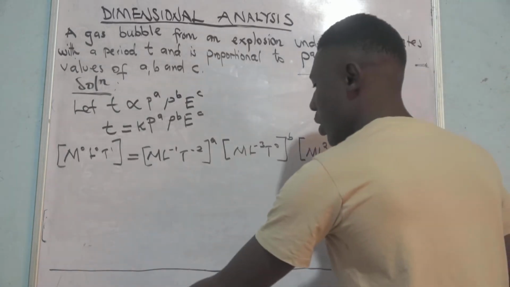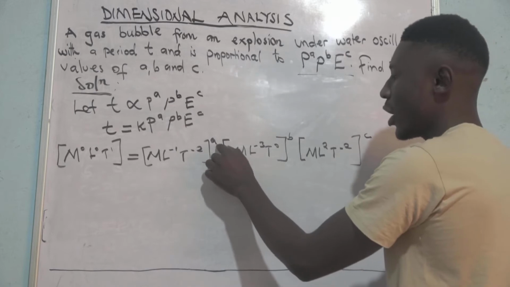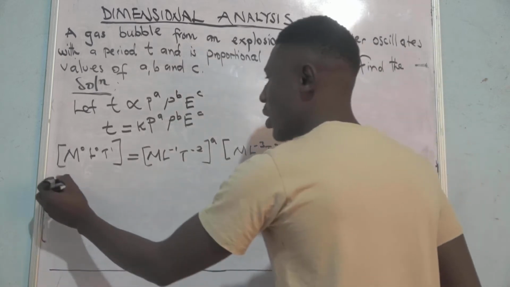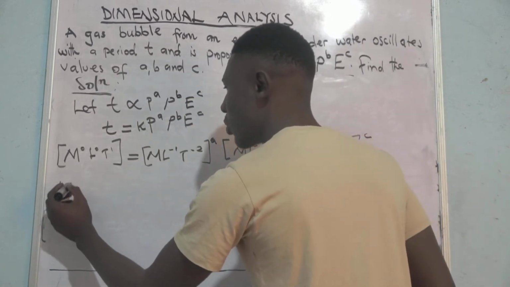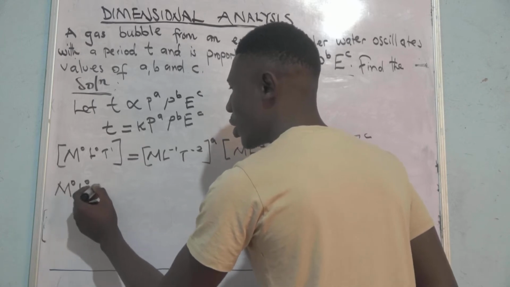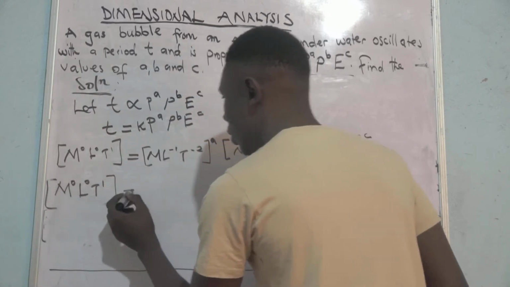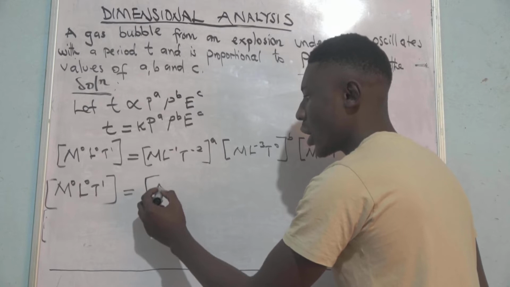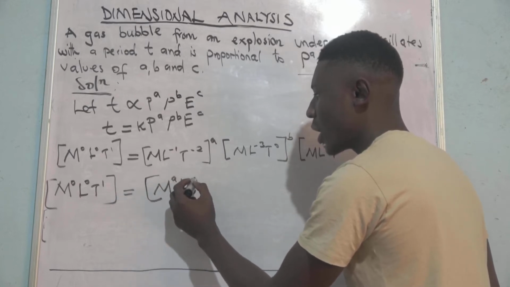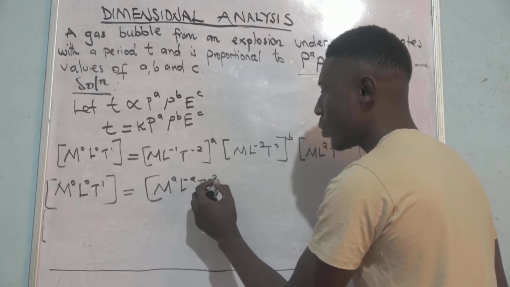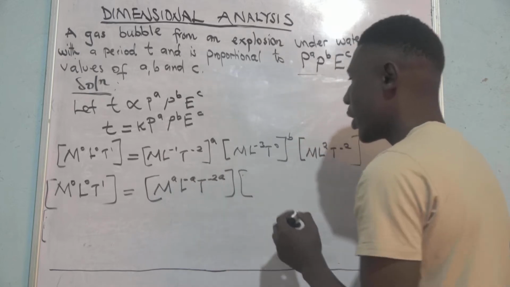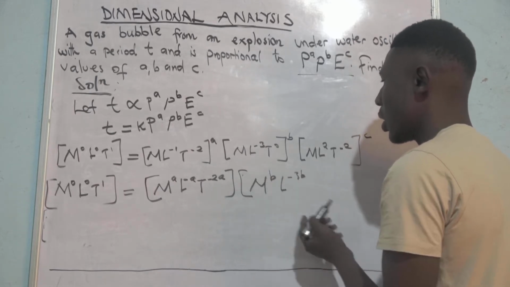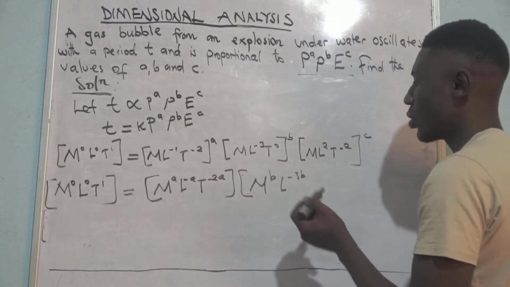Next, since we have a outside, we distribute it to everything inside. The left hand side is maintained as M to the power 0, L to the power 0, T to the power 1, which is equal to M to the power a, L to the power negative a, T to the power negative 2a, multiplied by M to the power b, L to the power negative 3b, and T to the power 0, which is just 1, so we won't write it.